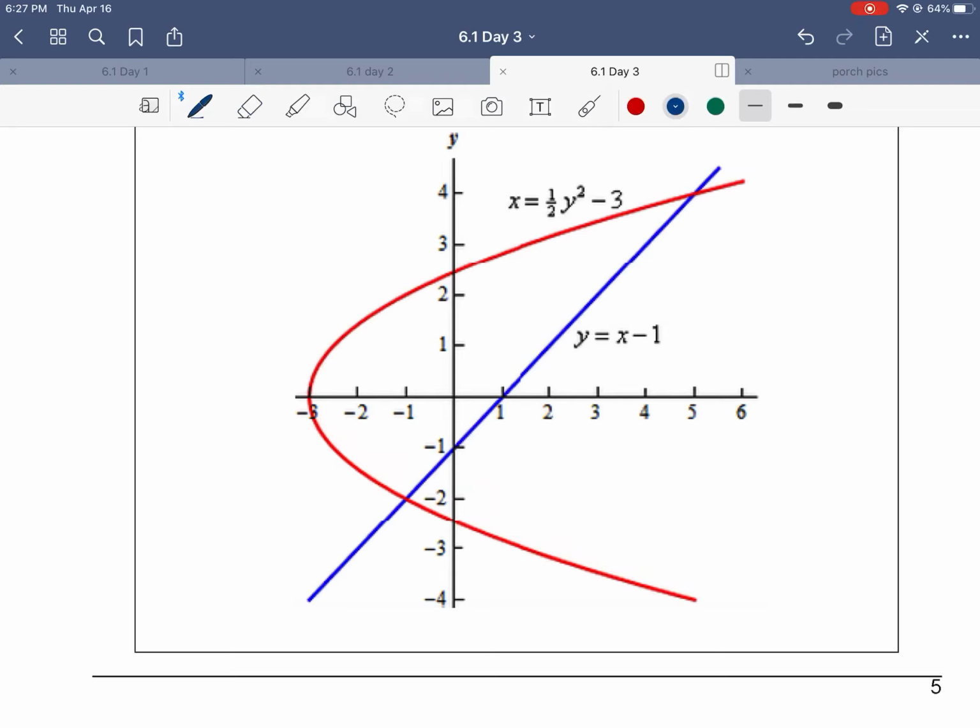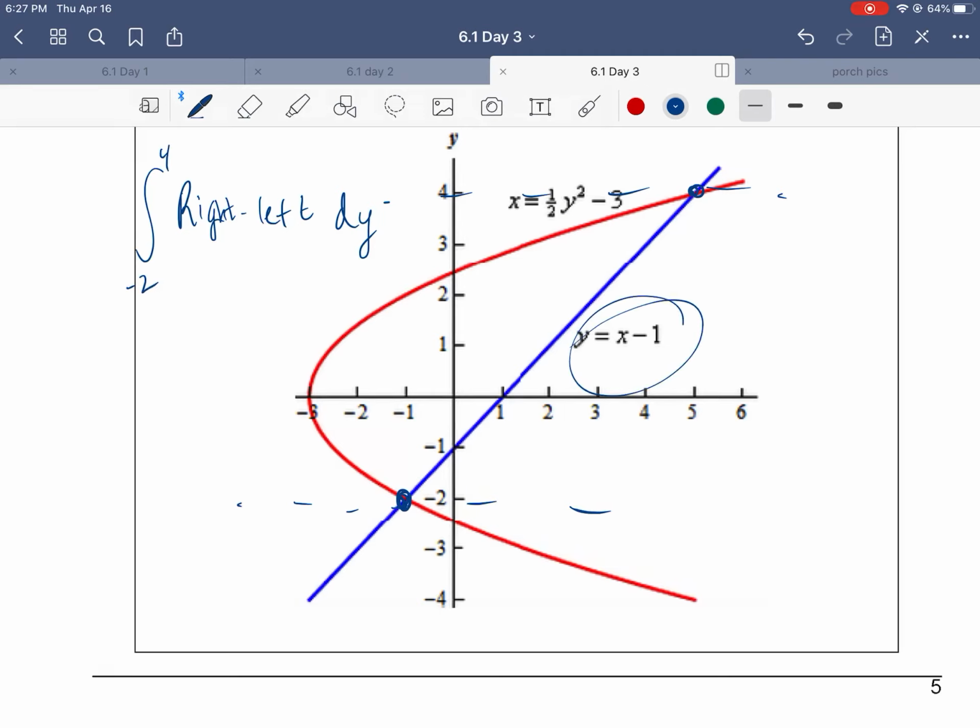But the pencil is always touching blue on the right and red on the left. That makes this a much more convenient right minus left, which is a dy integral. And therefore, I would pick limits of integration that are y coordinates, -2 until 4. The only work that I would have to do is make this an x equals, which would be y minus 1.